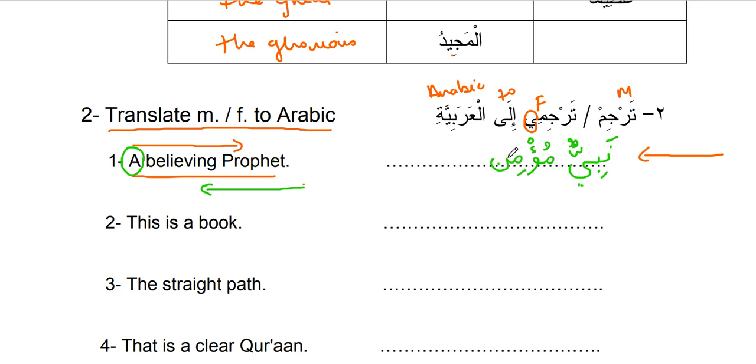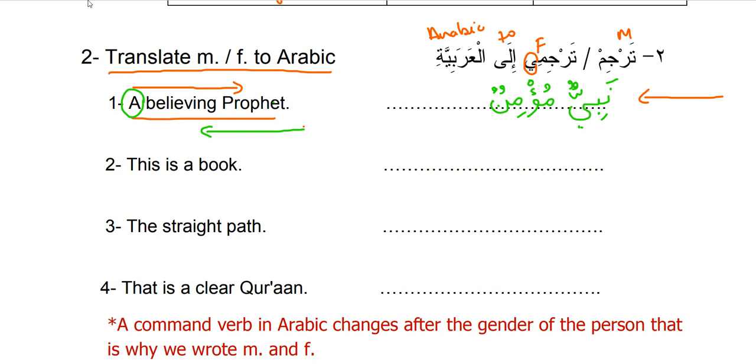I will put the tanween, and both are single, both are male, both are nakira, both have the same case, the matan. This is how you should translate the English sentence into Arabic. Nabiyun mu'minun, believing prophet. So let's go to the next one.